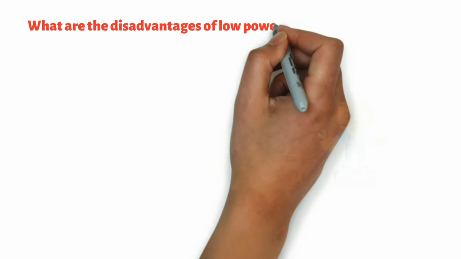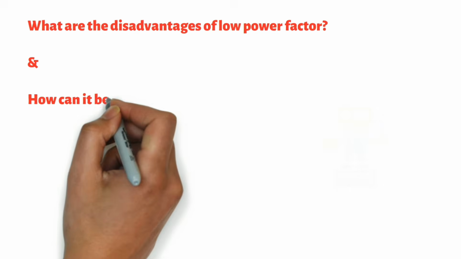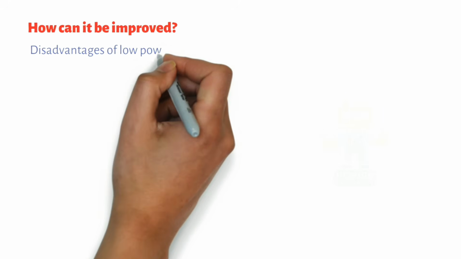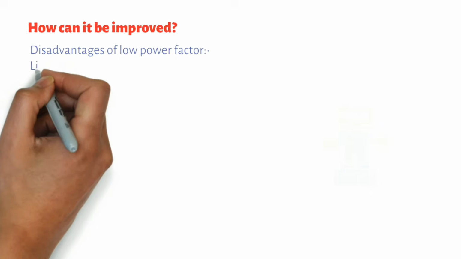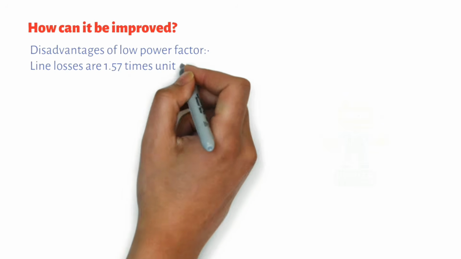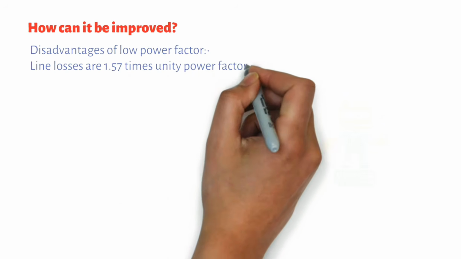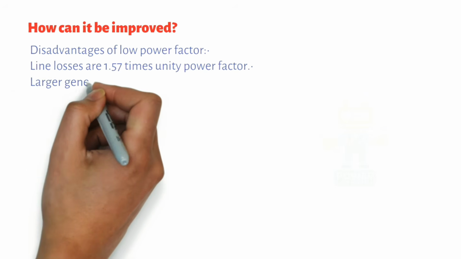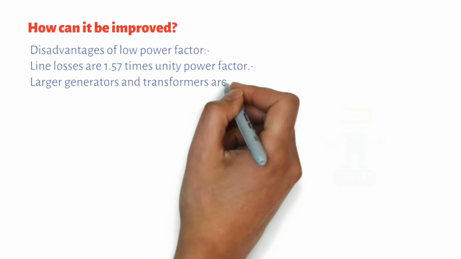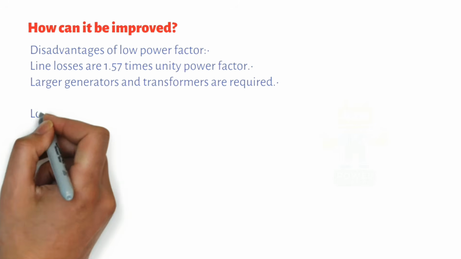The next question is, what are the disadvantages of low power factor and how can it be improved? So now we will see the disadvantages of low power factor and how we can improve the power factor. The disadvantages of low power factor: line losses are 1.57 times those at unity power factor.